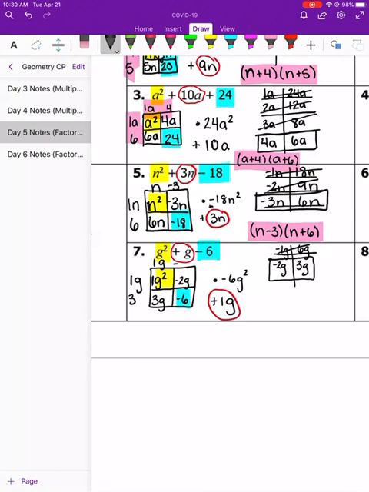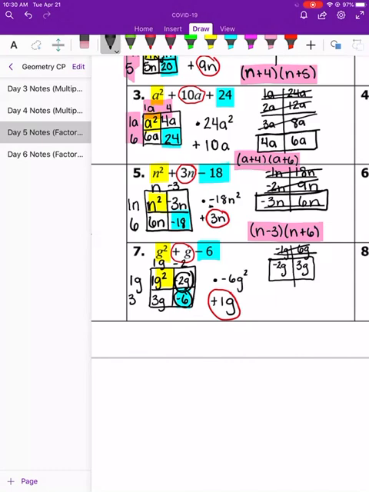So I know I can take out a negative because they're both negative. Then I have a 2 and a 6. Well, I know I can take a 2 out of a 2, and I can take a 2 out of a 6. So I can take a 2 out. Can I take a G out, though? No, because the only one that has a G is the negative 2G, not that negative 6. Okay? That second one doesn't have a G.